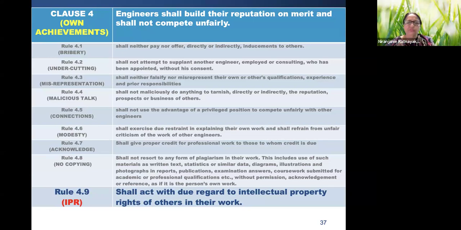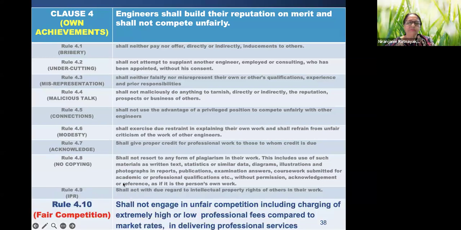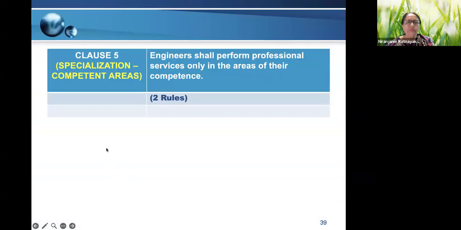That person can go to court. Whereas acknowledgement is more unofficial and informal. 4.7 is informal, 4.9 is formal. Both are about acknowledgement, but one is more serious, IP rights.